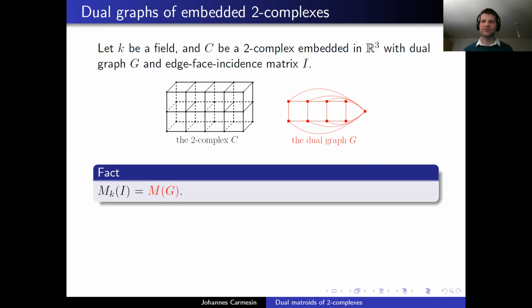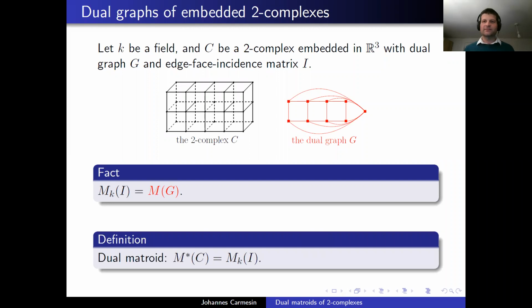The key ingredient was that you could upgrade this dual graph to a dual 2 complex and then show that it's simply connected. Probably at this point you're convinced that this matroid is a very natural object, and I'd like to call it the dual matroid of the 2 complex C, in analogy to the dual matroid of a graph.